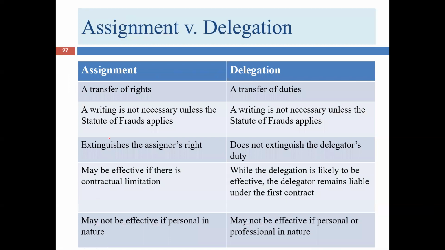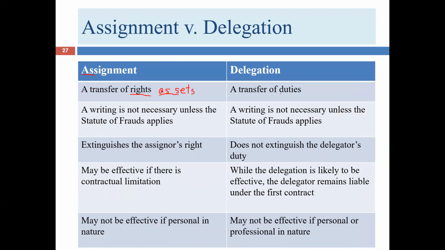Okay, so let's compare an assignment with a delegation. Of course, the first difference is an assignment of rights, or, just to make it even easier, assets. Remember though, I'm probably not going to use assets on tests because that makes it almost too easy. But we have assets with first 3 letters. First 3 letters are good.